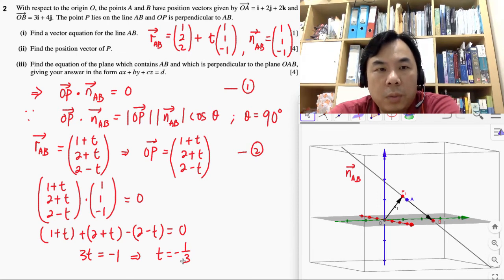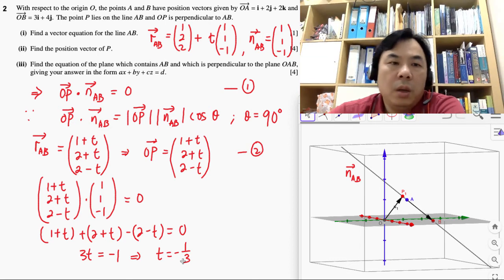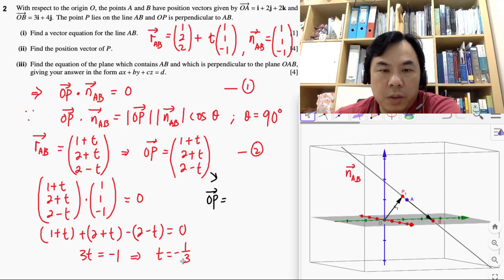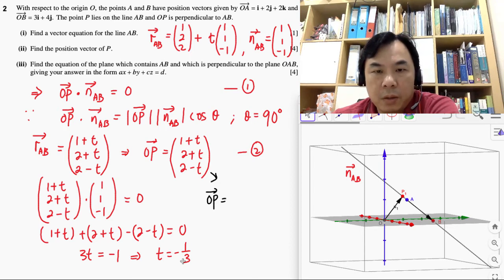Now I hope that is clear. Once we have obtained t equal to negative 1 over 3, in order to obtain the position vector OP, all we need to do is substitute this value back into here. That will be 1 minus 1 third, which is 2 over 3.